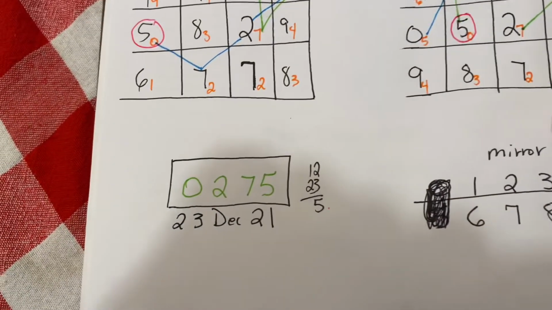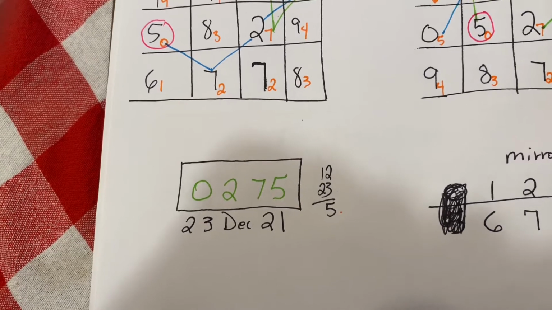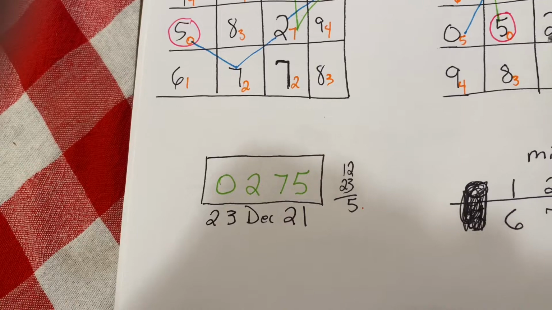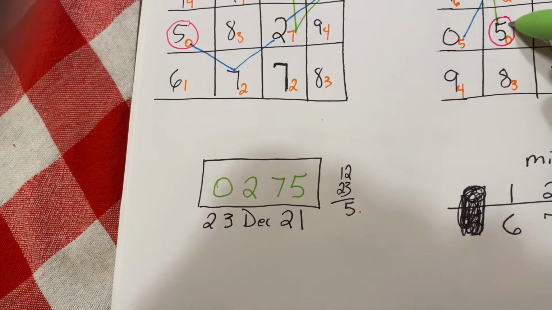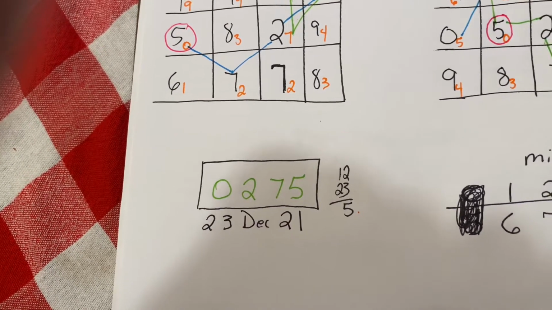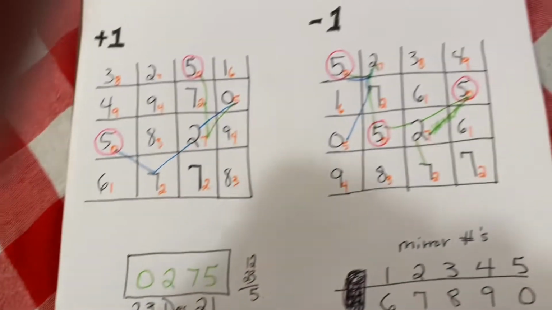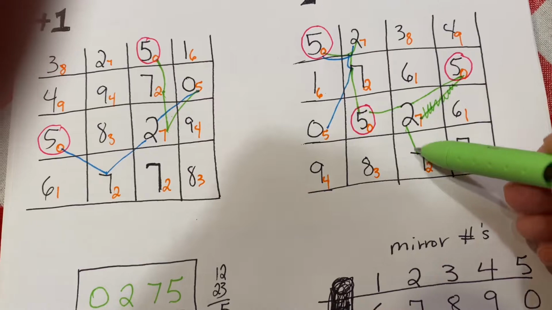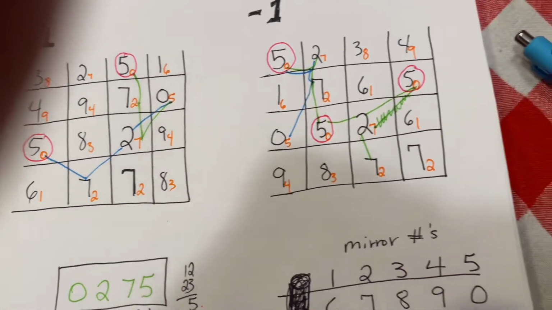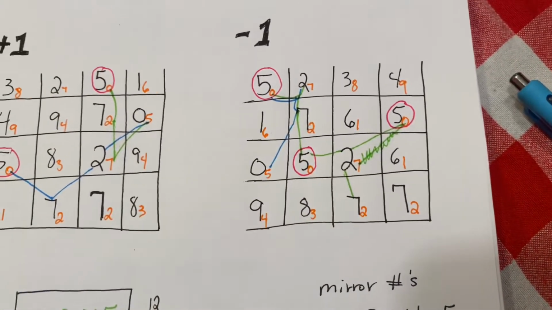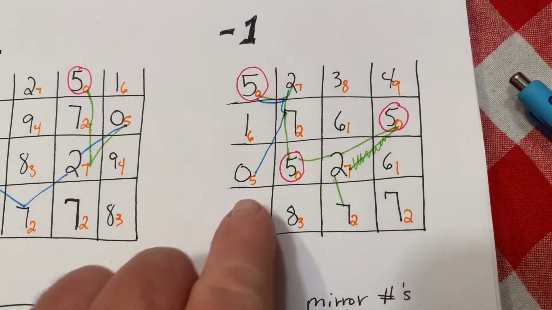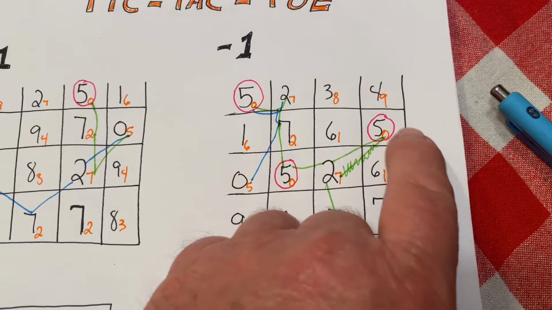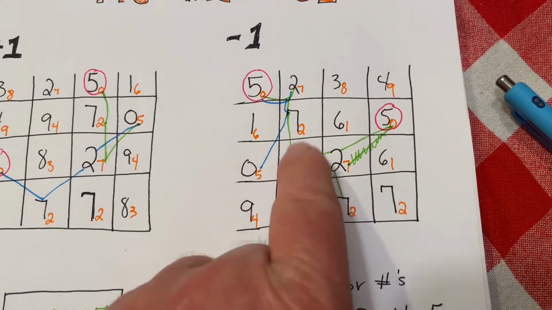Okay, 0, 2, 7, 5. Scroll that line out right there. 0, 2, 7, 5. That's where we got that number right there. So, 2 patterns here, 1 pattern there, 0, 2, 7, 5.